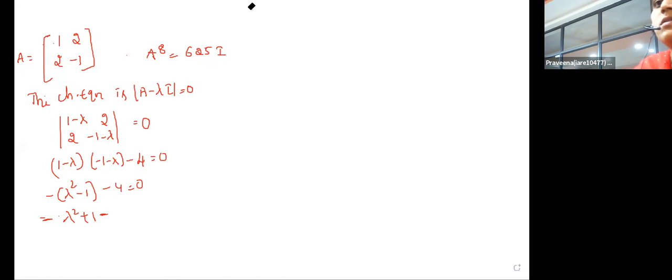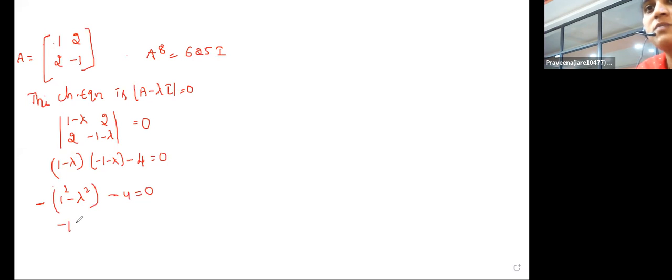Sorry, this is wrong. I'll take minus common from the second element, which is in the form of (1 minus lambda) into (1 plus lambda), that is a square minus b square form. Minus 4 is equal to 0.